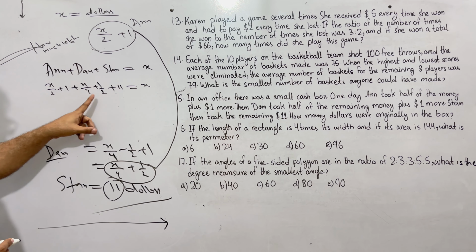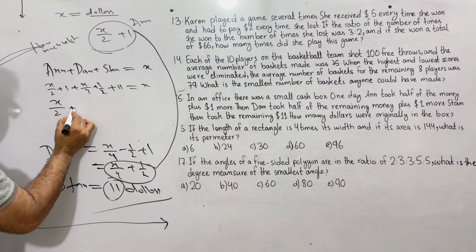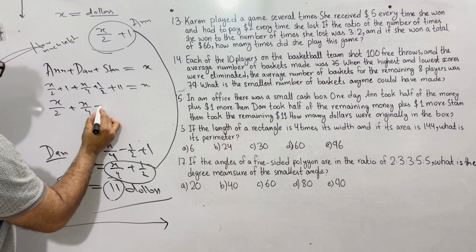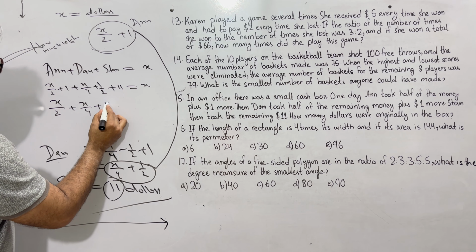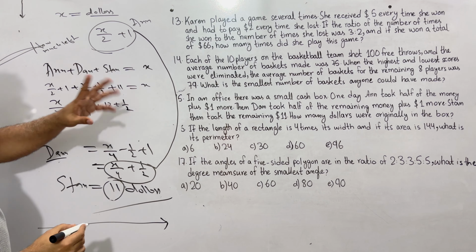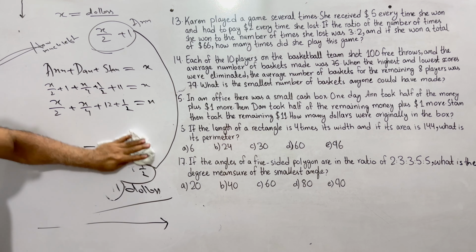So X over 2 plus X over 4 plus 12 plus 1 upon 2 is equal to X. Solve for X.